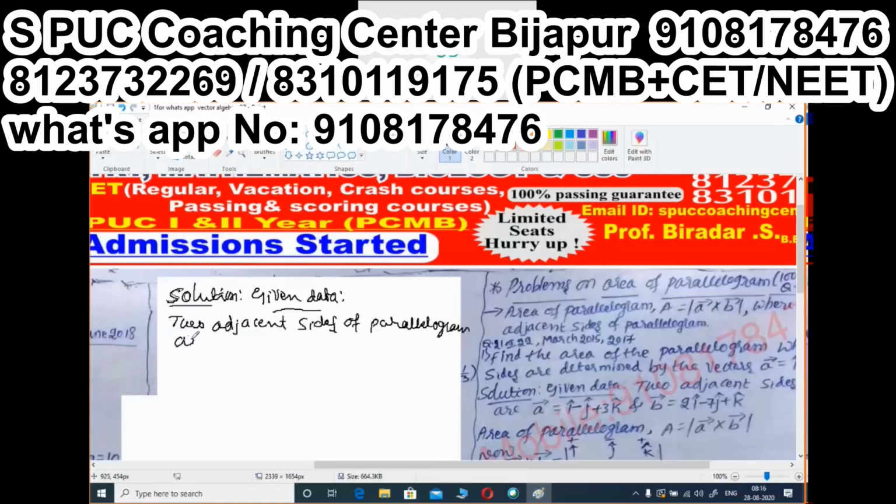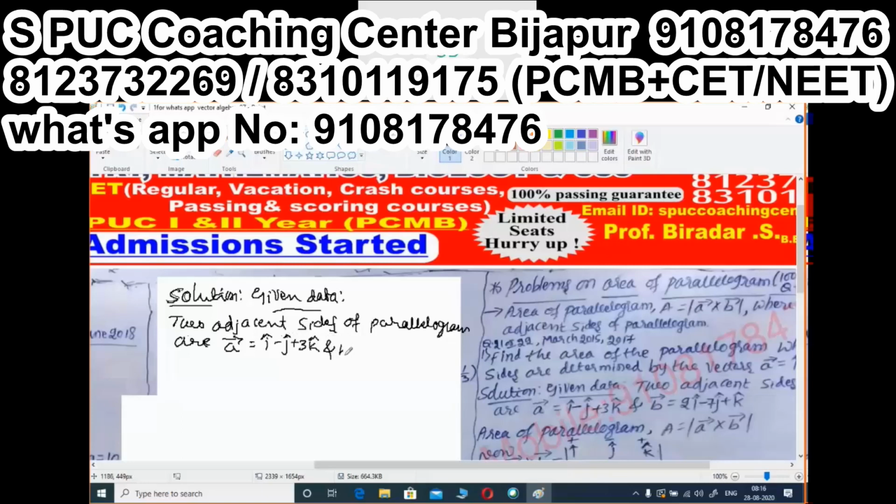They are A vector. What is the A vector, please? A vector is equals to, yes Sanket, what is there? That is I cap minus j cap plus 3k cap.